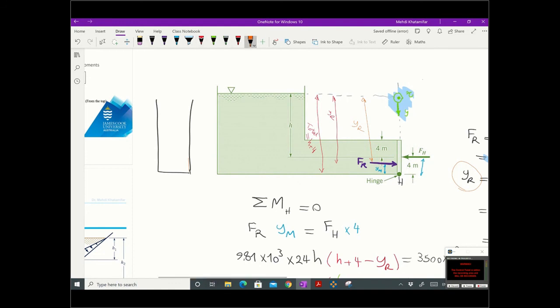The red is the gate, and they're the same. We don't care about the rest.